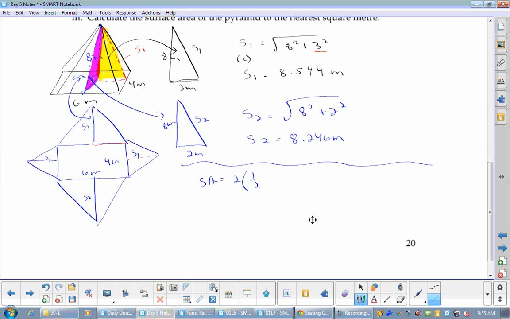We're going to do the front and back. So that would be 1/2 times 6 meters. I'm going to call this the front and the back. It doesn't matter. So that'd be 6 meters times what's S2? 8.246.